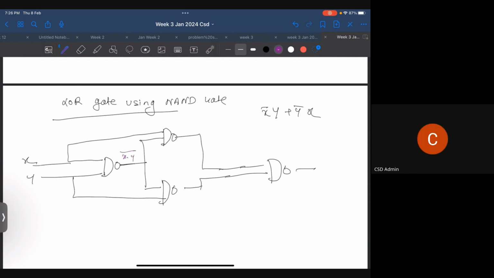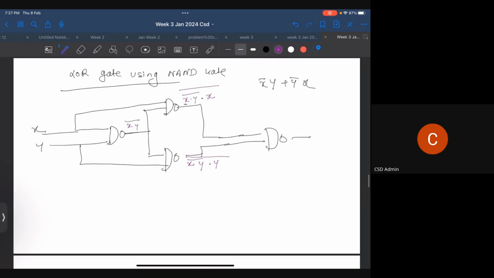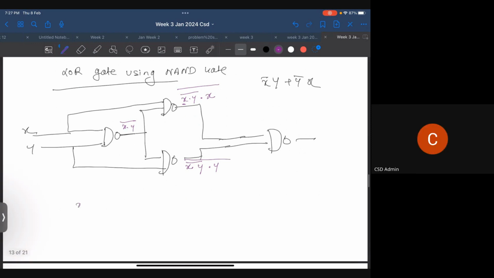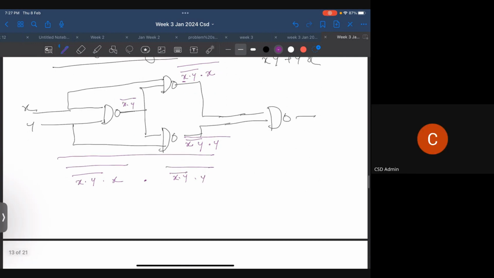In this position we'll get X dot Y bar whole bar, and here we'll get Y dot X Y bar whole bar. Finally, the NAND of the two: X dot X Y bar whole bar, multiplied by Y dot X Y bar whole bar, whole bar. Now let's simplify.